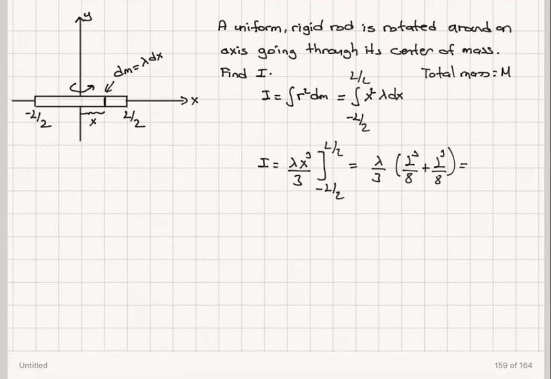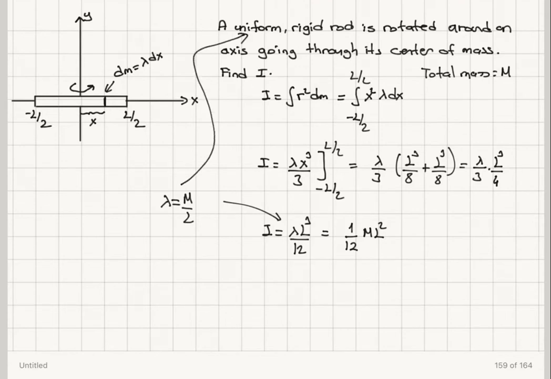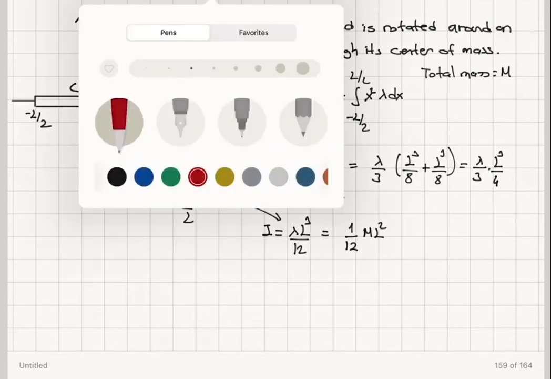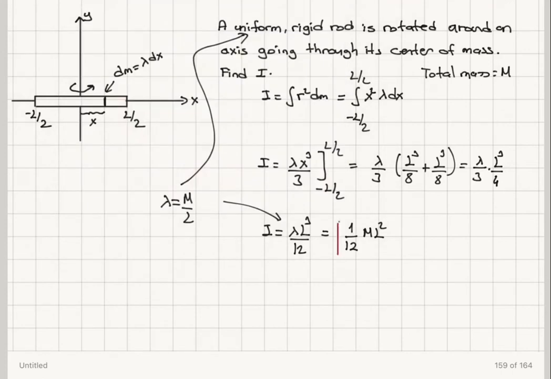So this will be equal to lambda over 3 times L cubed over 4. So the moment of inertia will be lambda L cubed over 12. Lambda is m over L, so 1 over 12 m L squared will be the answer, because one of the L's will disappear when I substitute for lambda m over L. How do I know lambda is m over L? Because it's uniformly distributed mass.